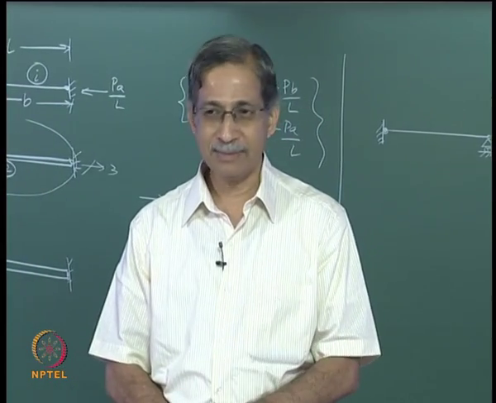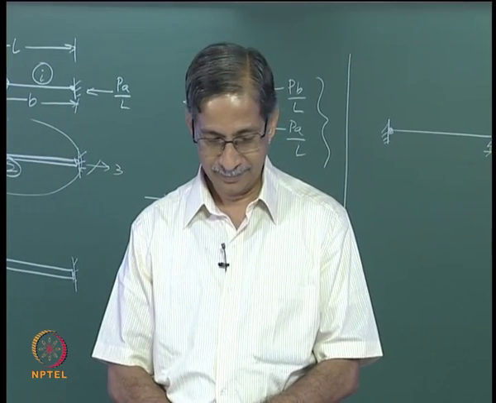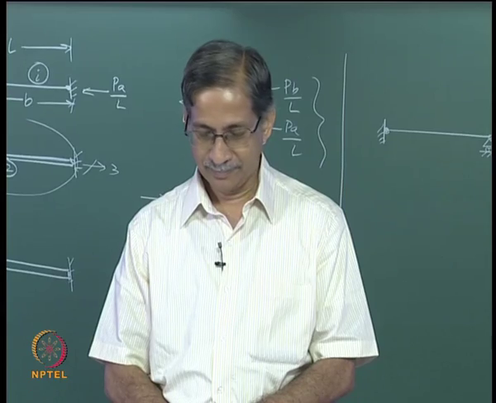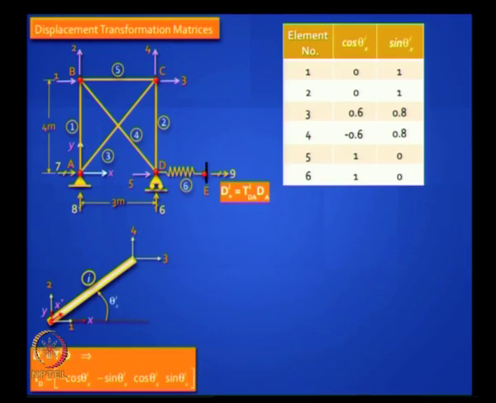It is not difficult. Let me give you a clue and let me close it. You have 6 elements. For each element, what is the size of the TDA matrix? Why do you say 4? This is for the whole structure.